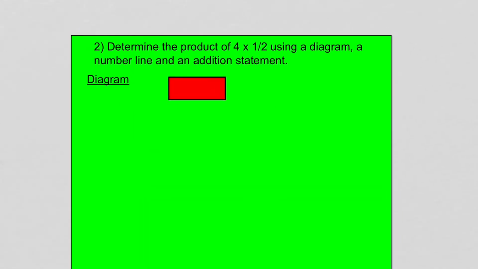We did another question like this. Determine the product of 4 times 1/2 using a diagram, a number line, and an addition statement. We said one of these red rectangles could represent 1 whole.